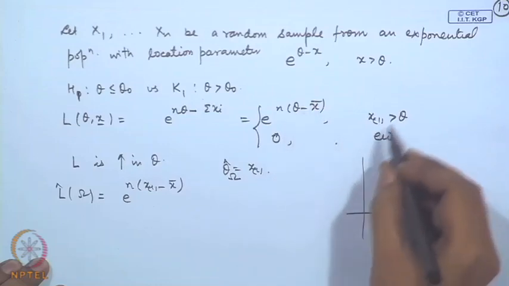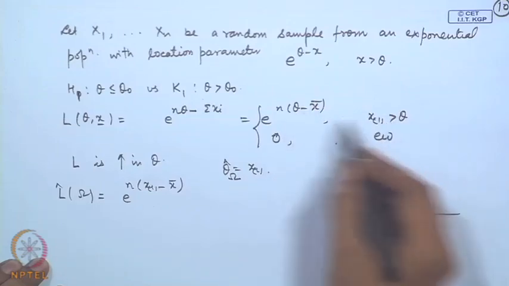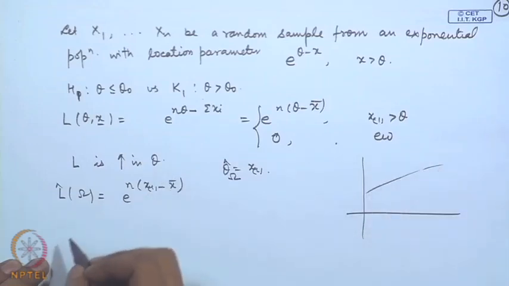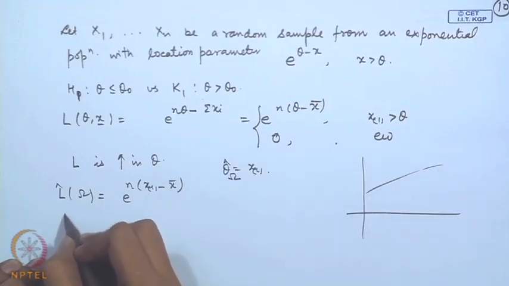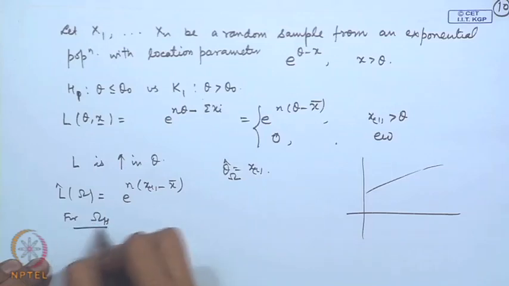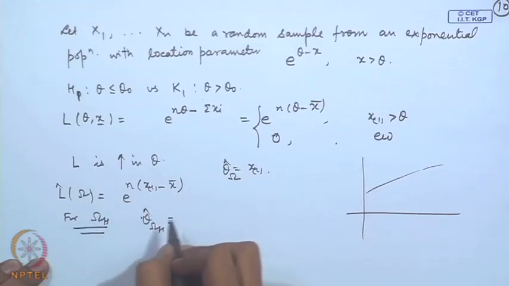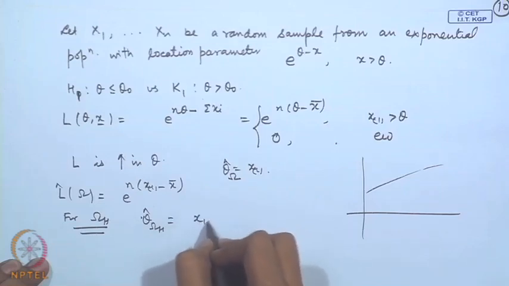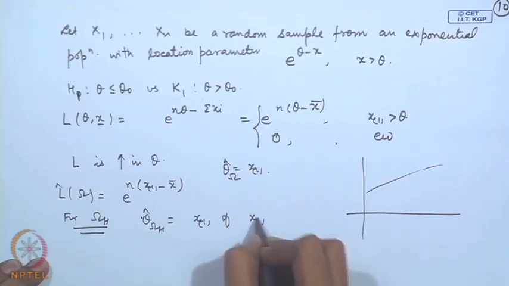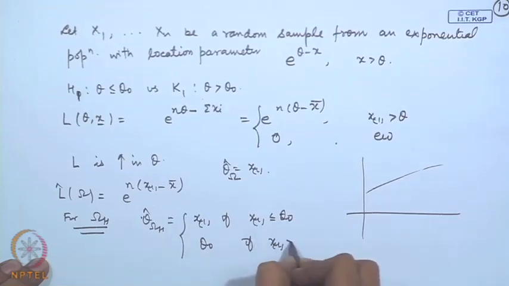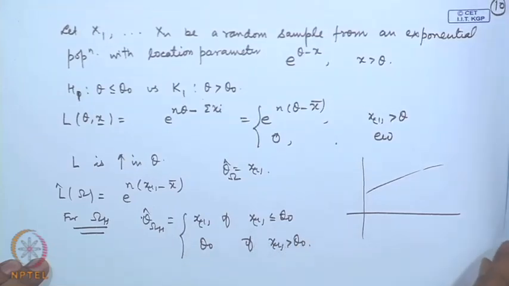In fact, you can see at theta is equal to x 1, this will be this value, but it is going like that. So, for omega h, theta hat omega h will be equal to x 1 if x 1 is less than or equal to theta naught, and it is equal to theta naught if x 1 is greater than theta naught.